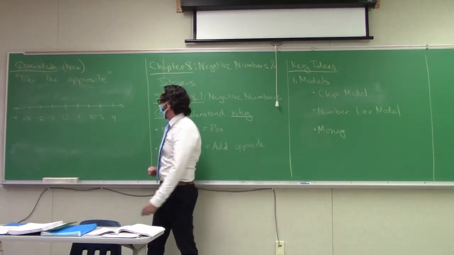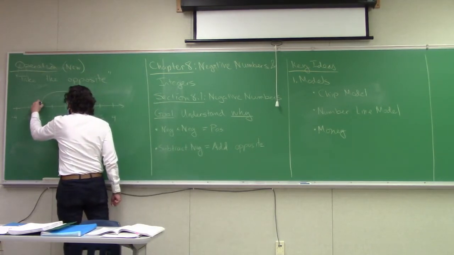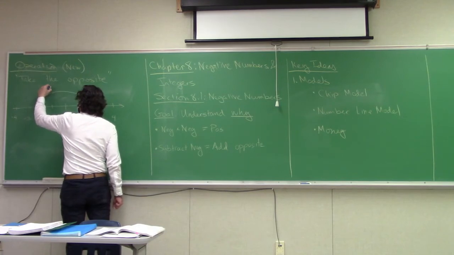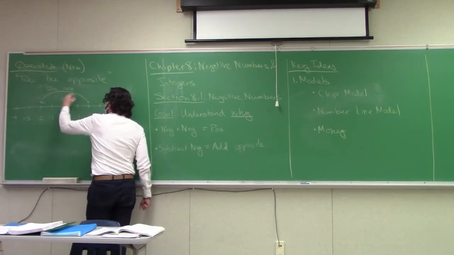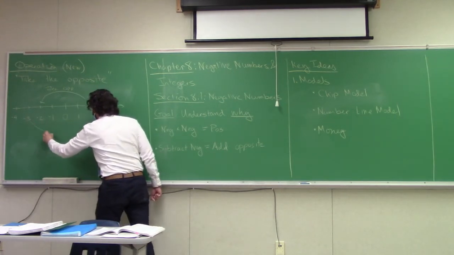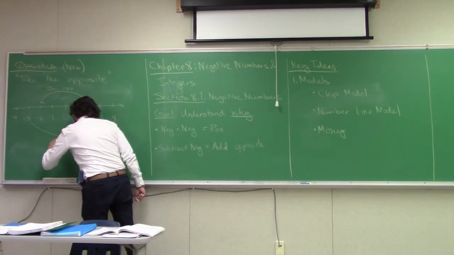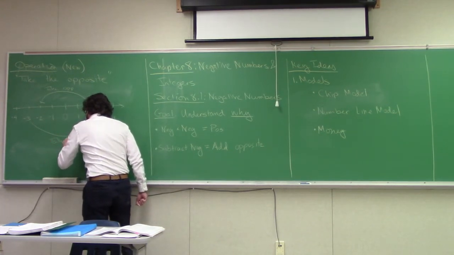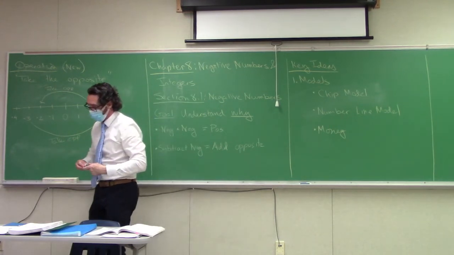So if I start here at 2, and I take the opposite, it gets me to -2. If I start here at, let's say, -3, and I take the opposite, it gets me to +3.